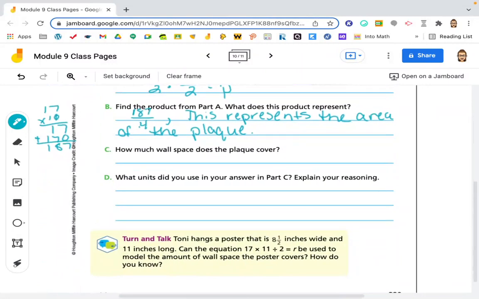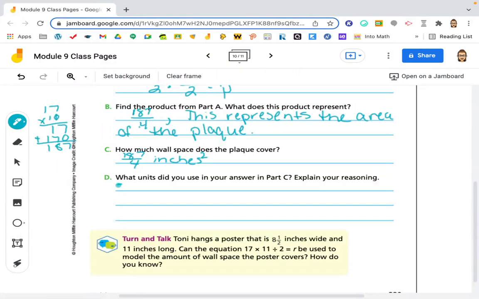So how much wall space does the plaque cover? Well, that would be 187 fourths square inches. So what units did you use in your answer in part C?